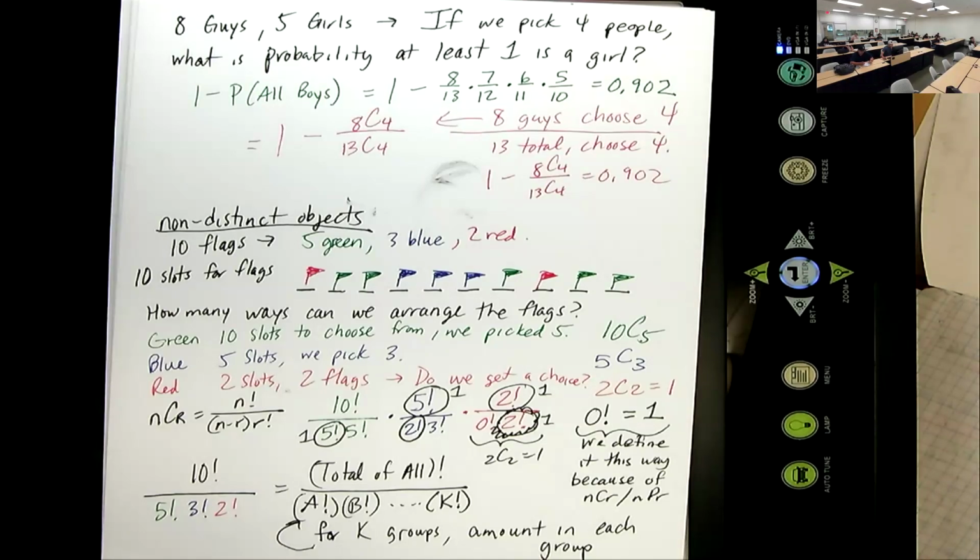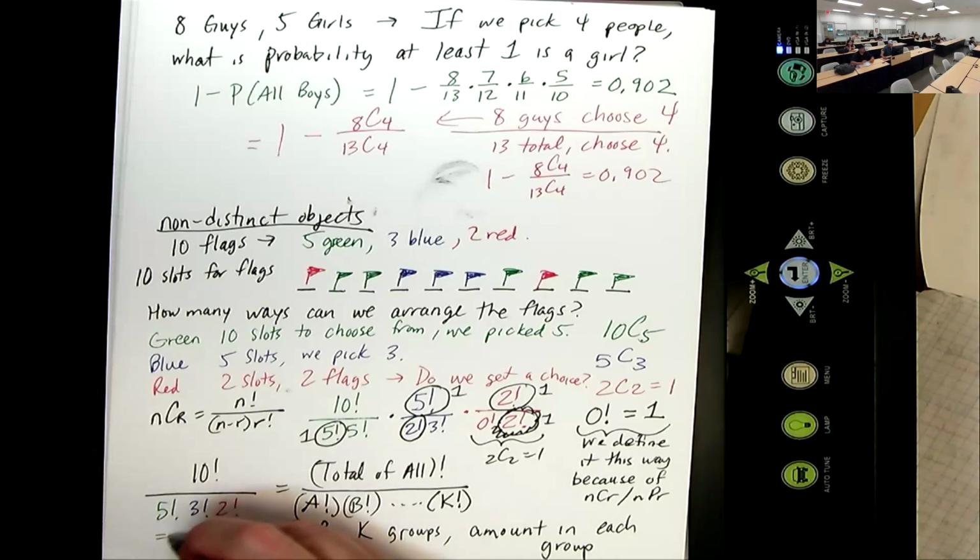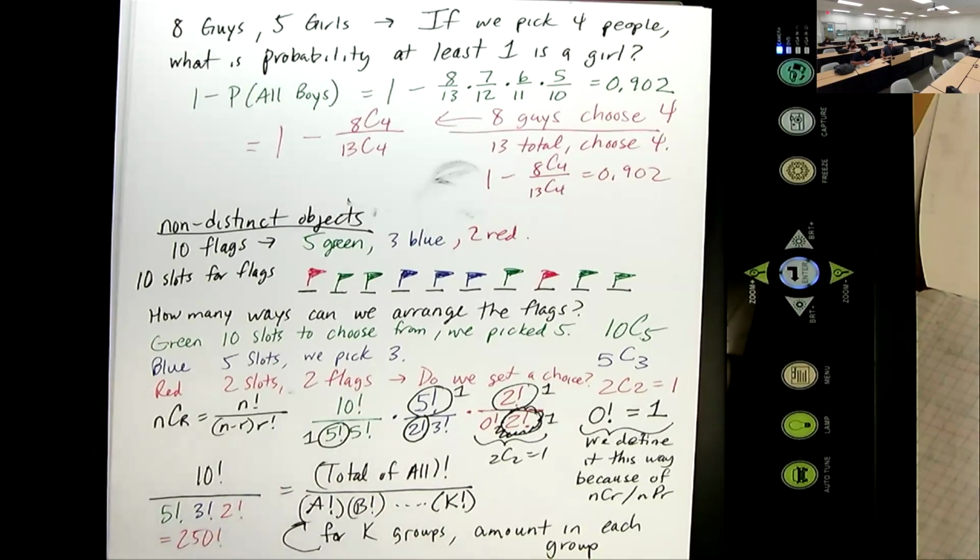Now, what does this end up being? I have no idea. It's like 2,520. Not 2,520.